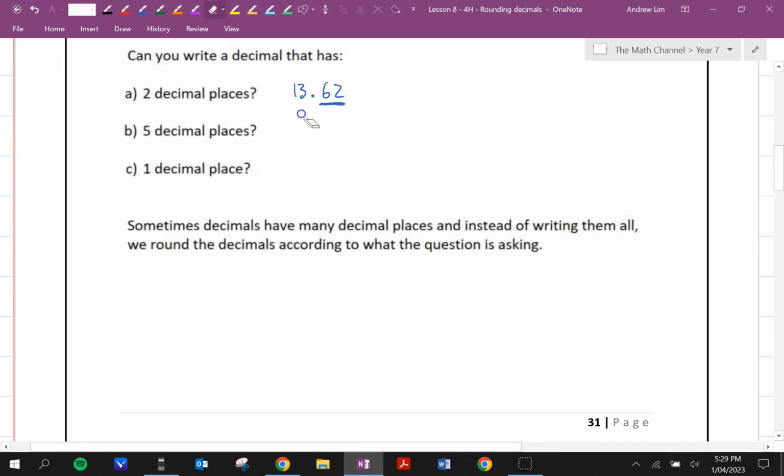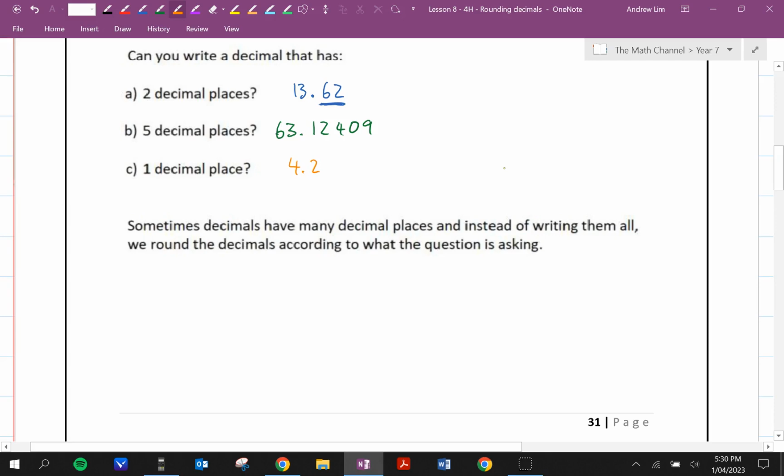Therefore, it is 2DP. Question B, 5 decimal places. Let's just say we've got 63.12409. That's five numbers to the right of the decimal point. So that's 5DP, 5 decimal places. And one decimal place, we can say 4.2. Okay, one number to the right of the decimal place.